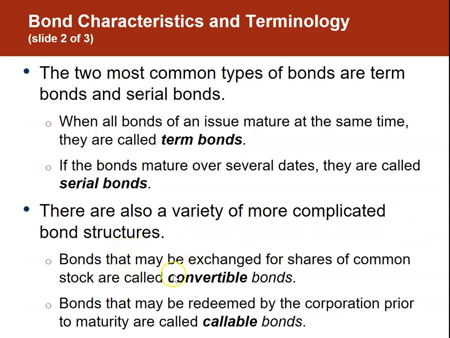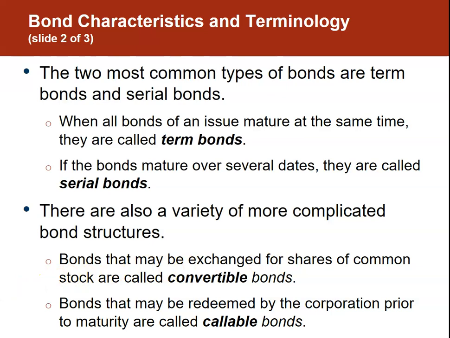There are also bonds that are convertible, what we call convertible bonds. These can be converted from bonds, which are a form of debt financing, where the holder of the bonds is a creditor of the company. But a convertible bond can actually be exchanged for stock. Now your example here says common stock, but it could be common stock or preferred stock.